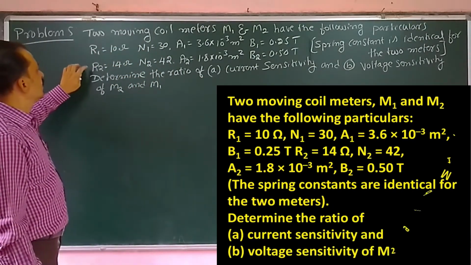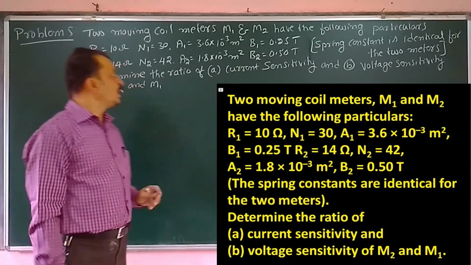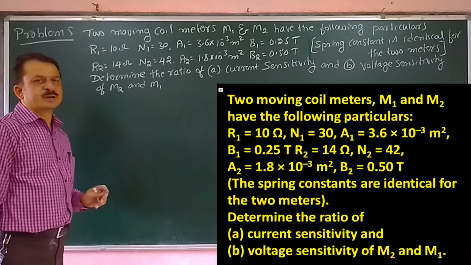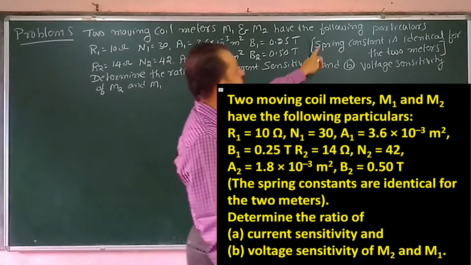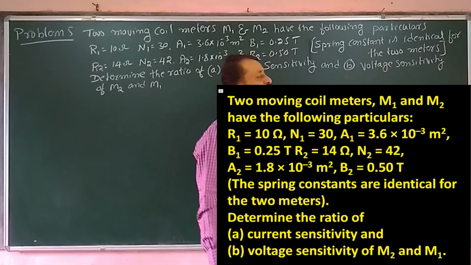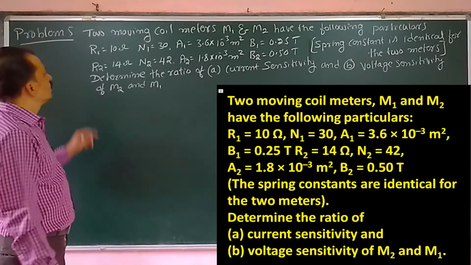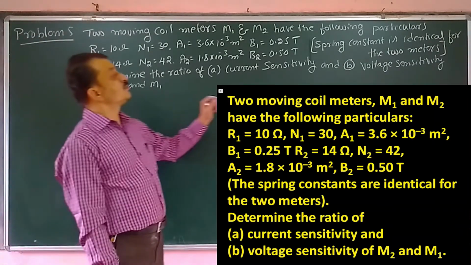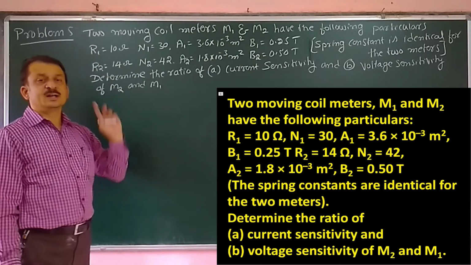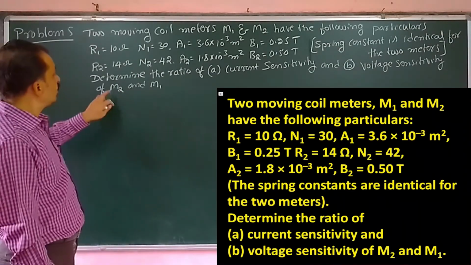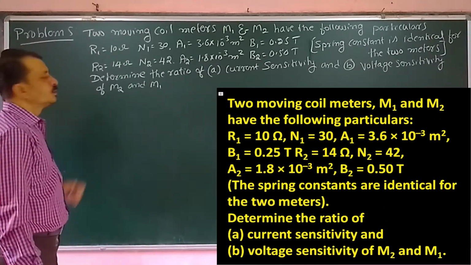For the second meter, R2 is 14 ohm, N2 is 42, A2 is 1.8 into 10 to minus 3 meter square, and B2 is 0.50 Tesla. Spring constant is identical for the two meters, that is K is same. Determine the ratio of current sensitivity and voltage sensitivity of M2 and M1. The ratio of M2 and M1, current sensitivity and voltage sensitivity, that you have to write.